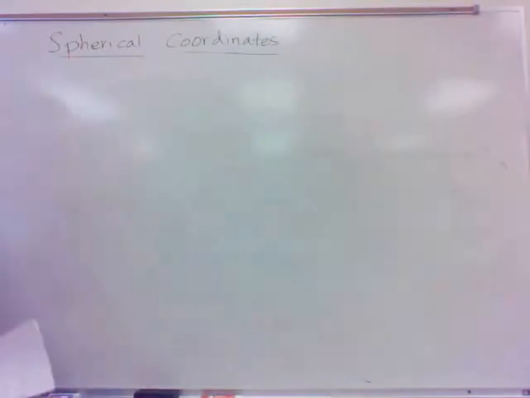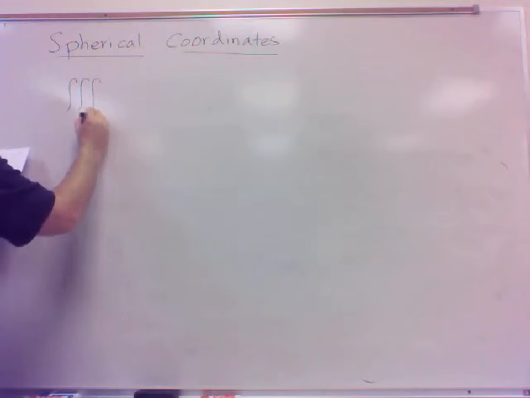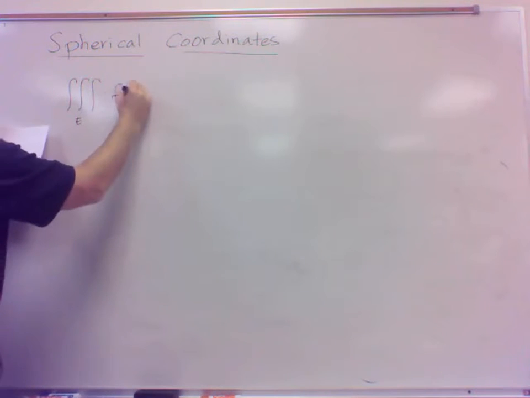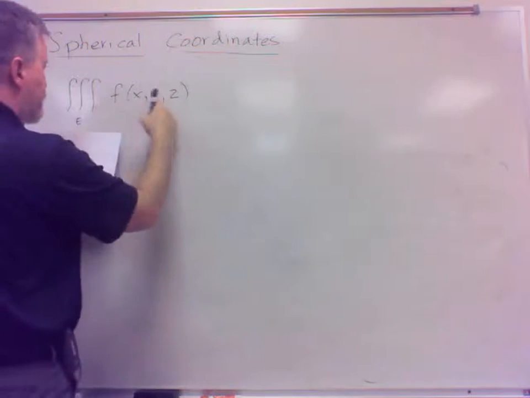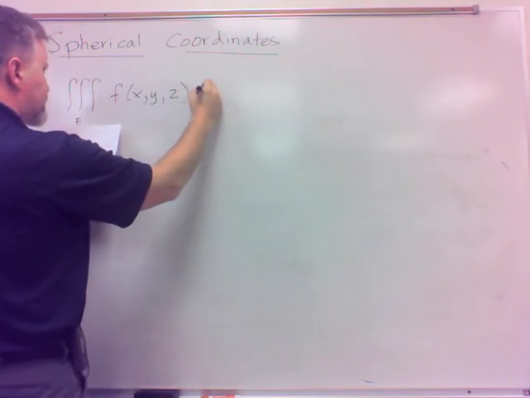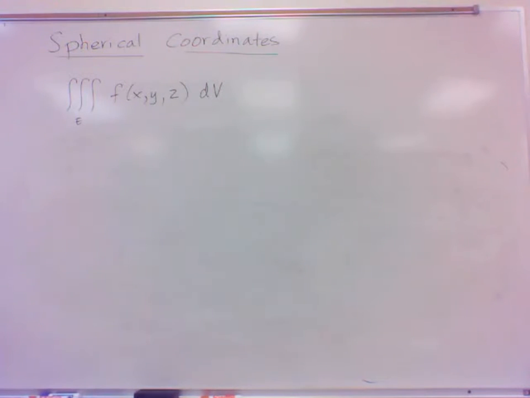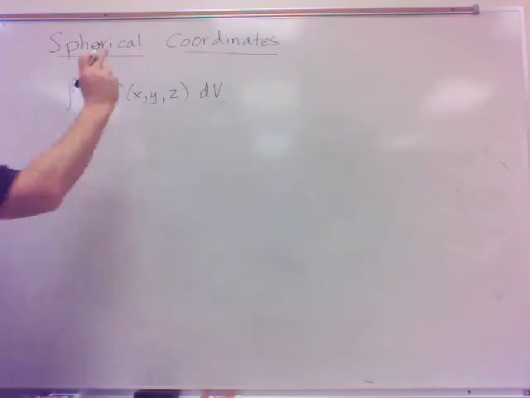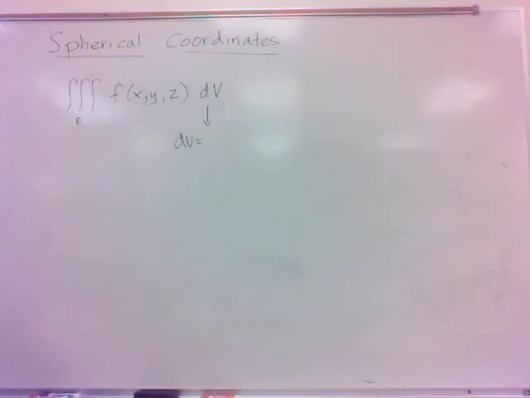Let's talk about integrating with spherical coordinates. Well, it turns out if we're integrating over region E the function f of x, y, z dV, dV in cylindrical coordinates is r dr d theta dz.